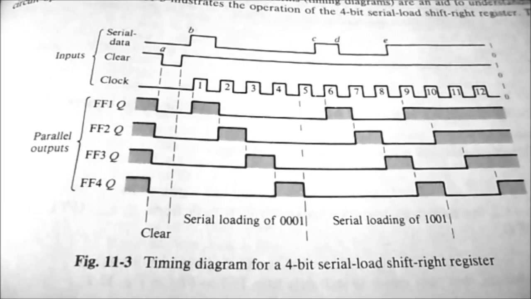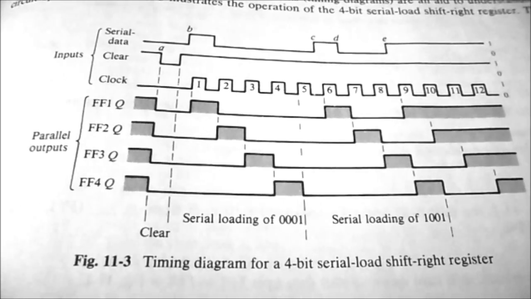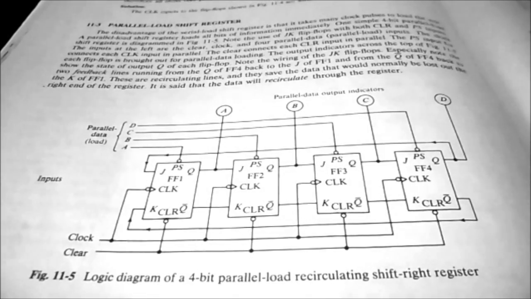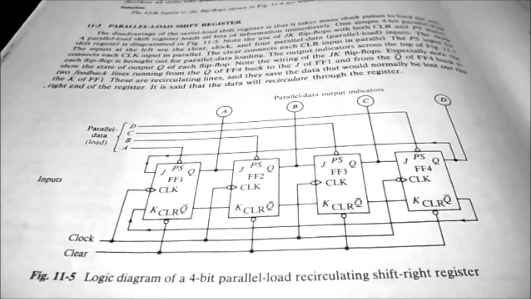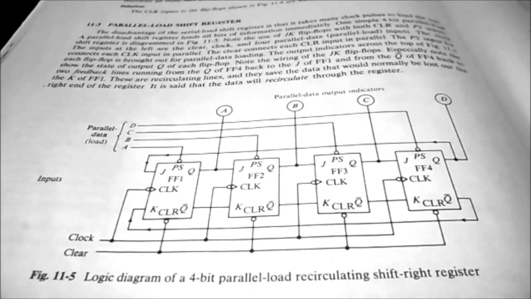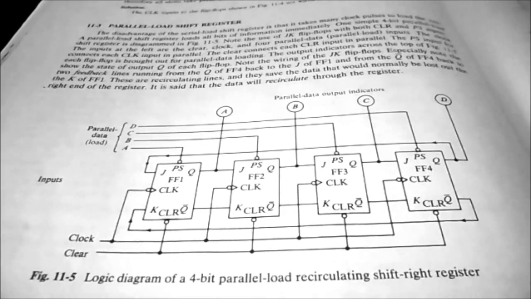Timing diagrams are important because they give you an idea of the timing between the different signals that affect your shift register. Section 11-3 talks about the parallel load shift register, and Figure 11-5 gives you the logic diagram of a 4-bit parallel load recirculating shift right register that we're going to be building today.